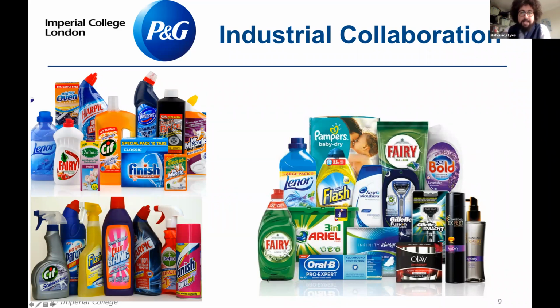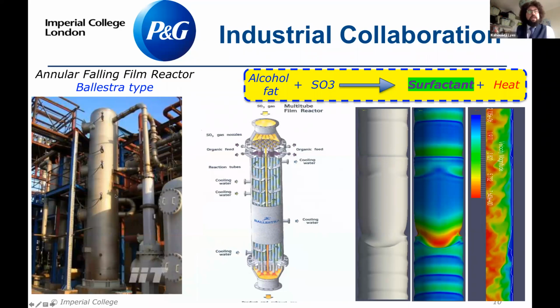And an industry like Procter and Gamble consumes a lot of surfactant, and the way we produce surfactant is this type of application we call an annular film reactor. So this annular film reactor is a Ballestra type. It's this massive monster, I would say. But when you look inside, it's something that looks like this.